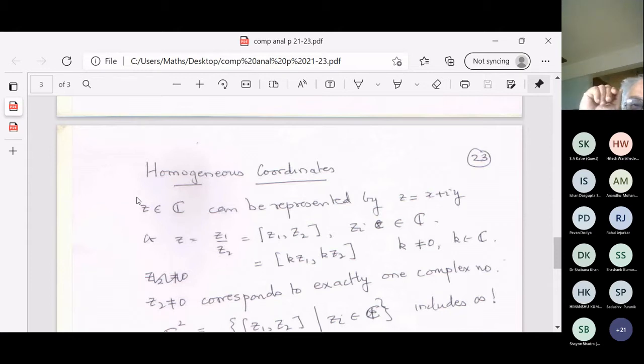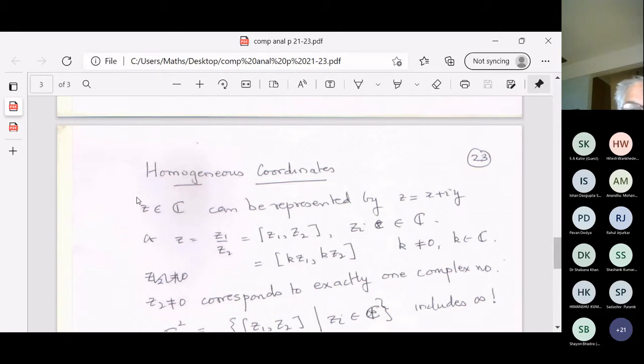So this is a way of homogenizing coordinates. Okay, and this is again an idea that arises in many different contexts. Okay, so I can think of z in homogeneous coordinates as this point z1 z2 equivalence class, and this equivalence class, of course, is, I mean, what I'm actually doing is I'm taking C2 and dividing it by something.